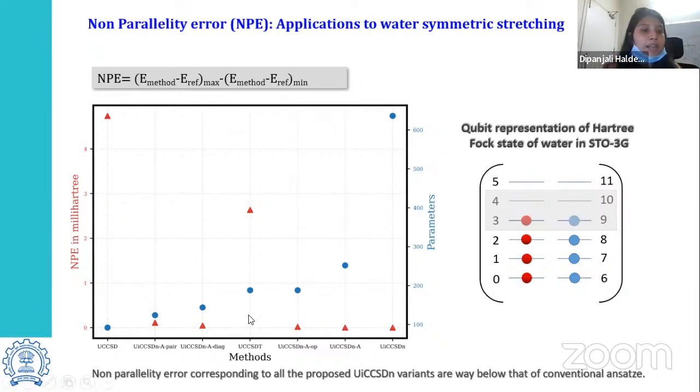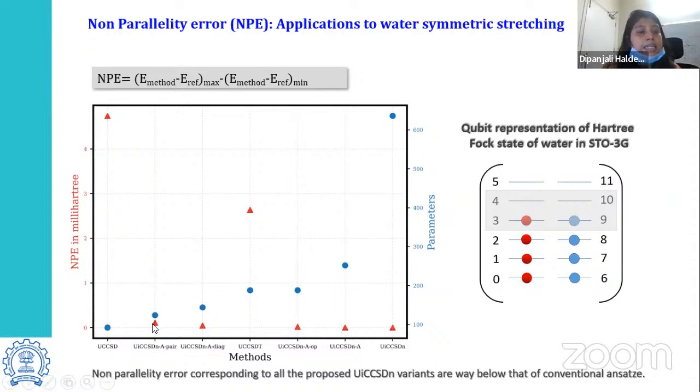On the left-hand side, I have mentioned the NPE in millihartree, and on the right-hand side, I have mentioned the parameter count. We can see that the parameter count for UCCSD is pretty low, but the NPE is very, very high.